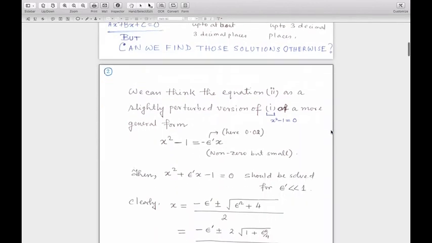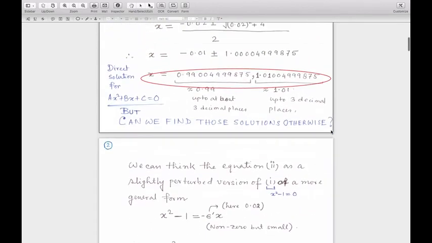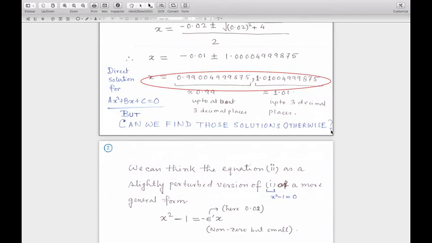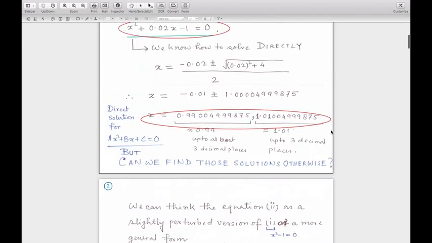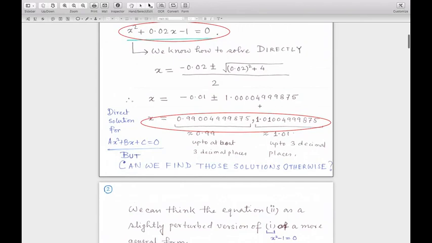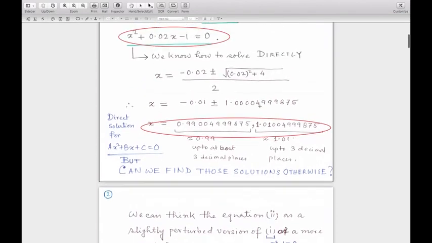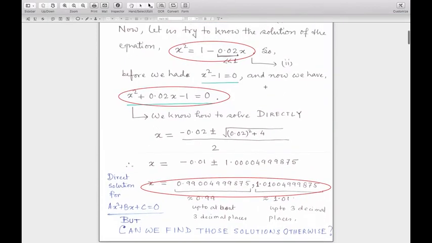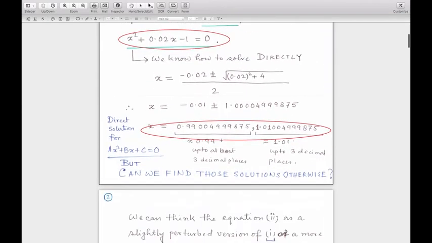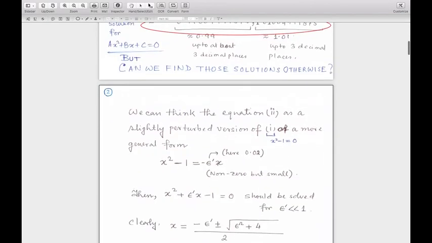Now, our question is: can we find the solutions otherwise? In order to do that, let us first have a look at what we can do even in this process of direct solution for the special cases where we have a very small epsilon. So we will use this method, but we will now use the property of epsilon, that means 0.02, which I can call a small parameter, epsilon or epsilon prime, as I have called it over here.